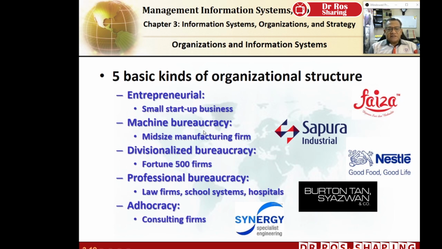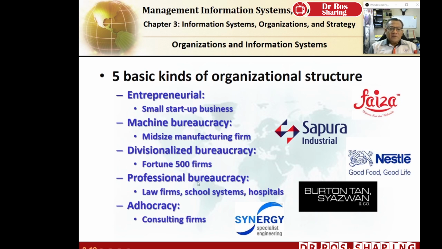The second organizational structure is the machine bureaucracy. It is a bigger organization with a bigger network, like the Sapura group. The third kind is called a divisional bureaucracy. This is basically a multinational, an even bigger or large company, for example Nestle, because they operate internationally.